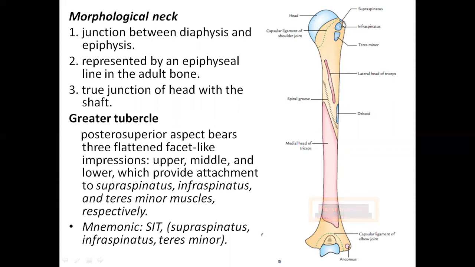These muscles you have studied; their origin comes from the scapula. Their insertion you now find on the greater tubercle of the humerus. Use the word SIT, S-I-T, for easy remembrance: supraspinatus, infraspinatus and teres minor. They get inserted on the greater tubercle of the humerus.